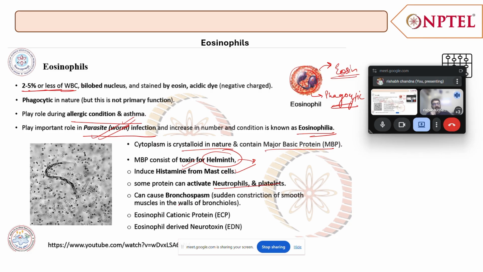They can cause bronchospasm, that means sudden constriction of smooth muscles in the wall of the bronchioles. Then they have two kinds of proteins or toxins, that is eosinophil cationic protein and the eosinophil derived neurotoxin. These two help in declining the population of the helminths.